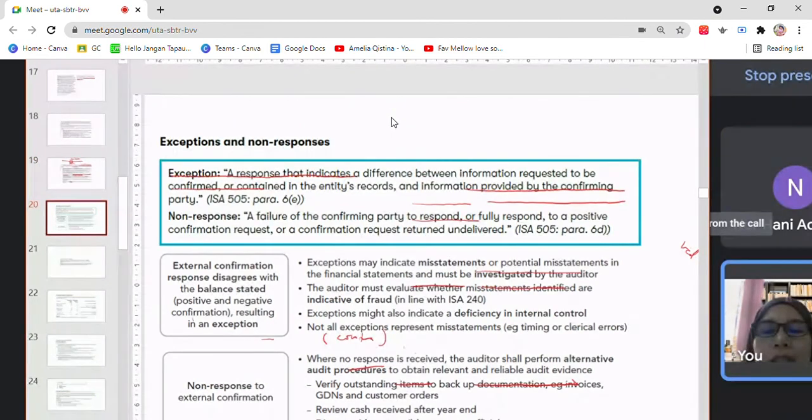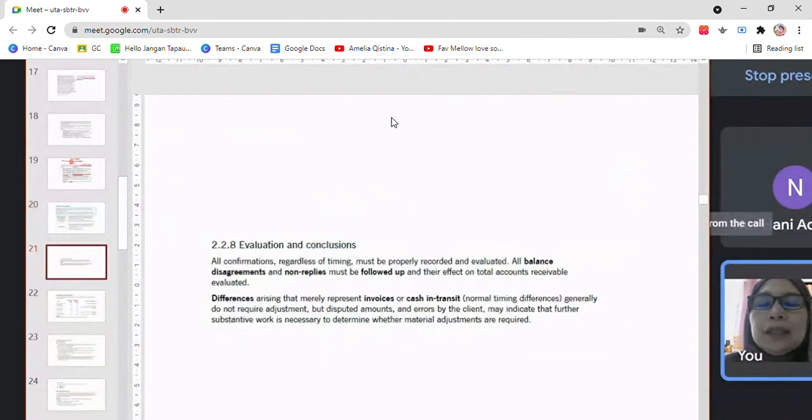So the exceptions and non-responses earlier are settled. Then how do you evaluate and make a conclusion? All confirmations, regardless of timing, whether before year end or after year end, must be properly recorded and evaluated.